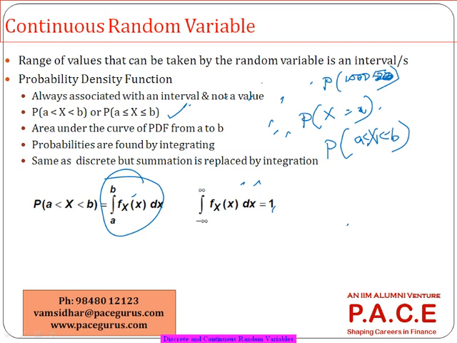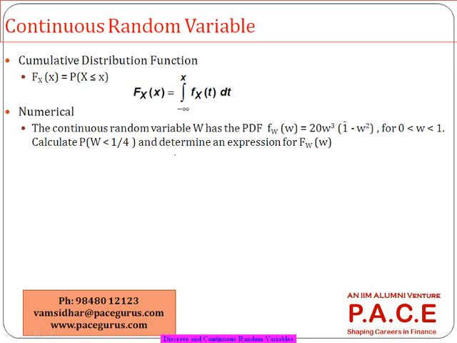The sum which we have done in the discrete case, the sum of all possible probabilities should be equal to 1. Here, the integration of the probability across all possible values should be equal to 1. So this is a rule in case of continuous: the probability from minus infinity to plus infinity, if I integrate it, should be equal to 1 itself.